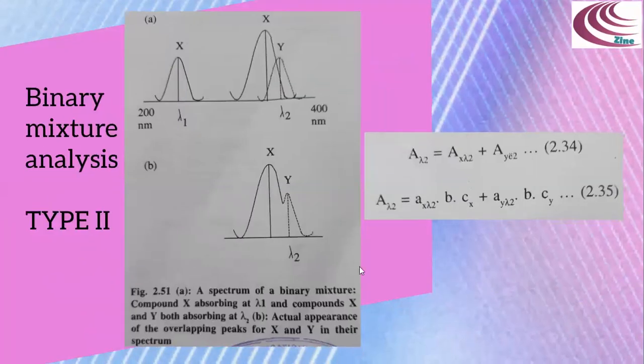Now in binary mixture analysis type 2, let us consider this case. In most cases, it is observed that the spectra of the two components overlap in a part.